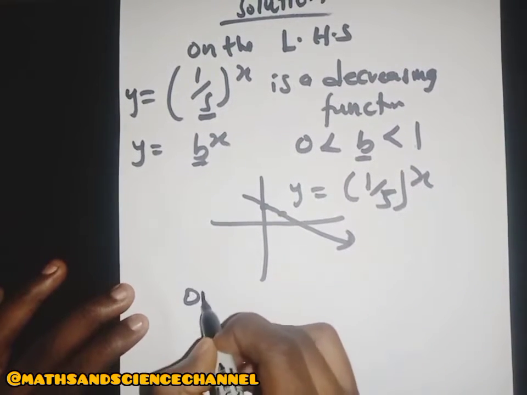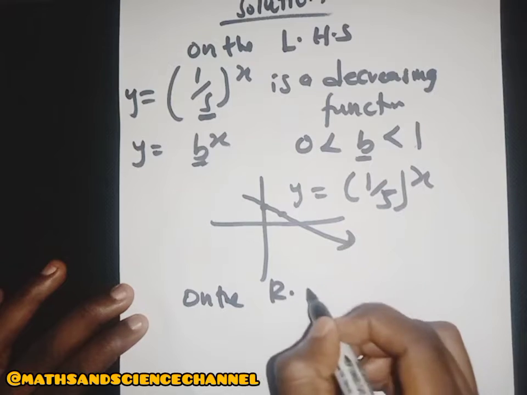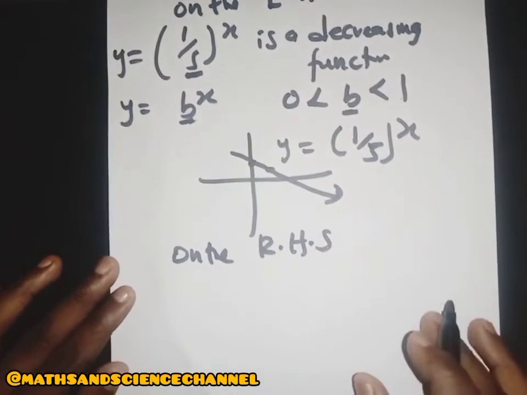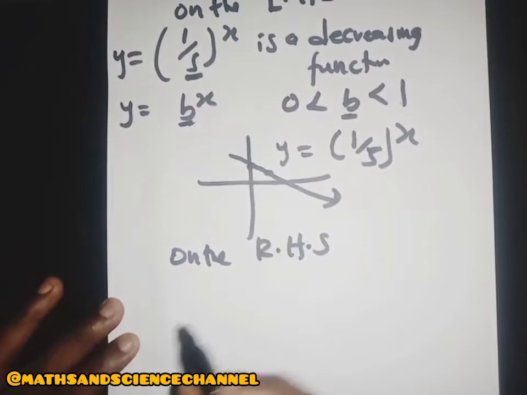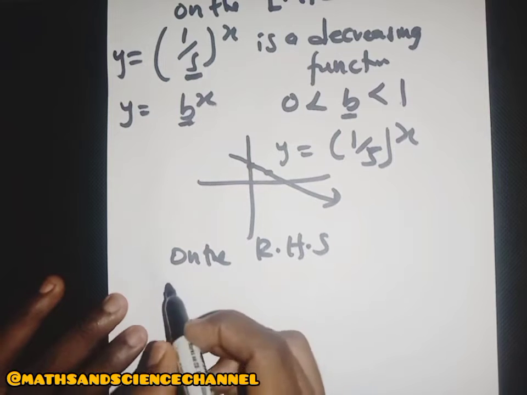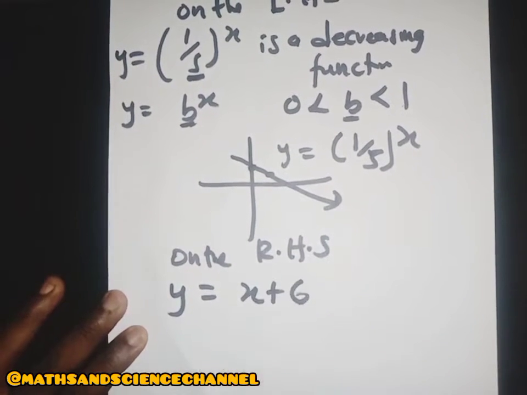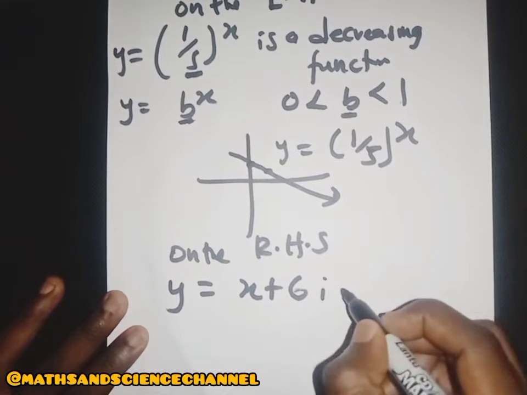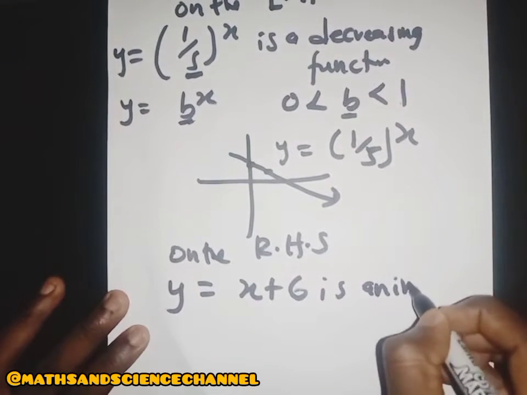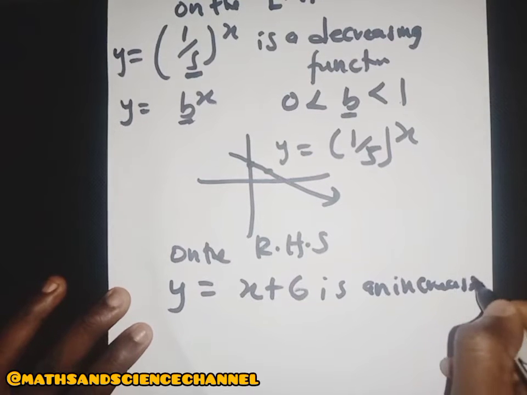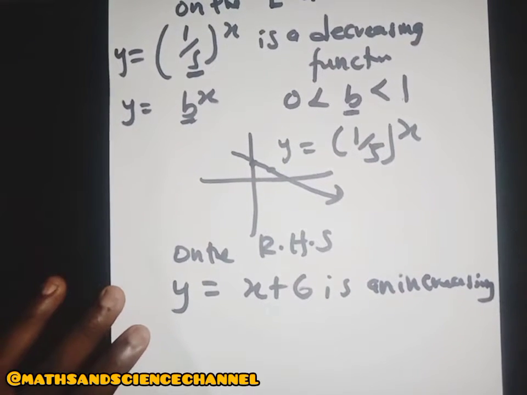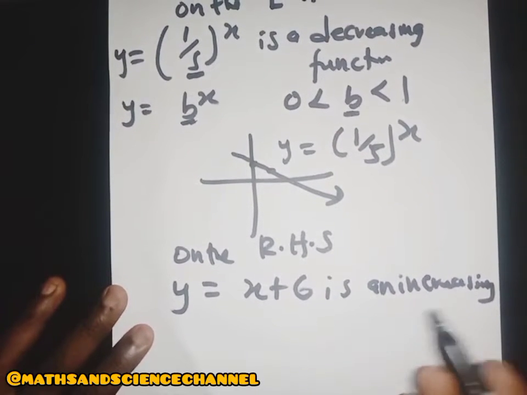Now let's consider the right hand side. So what about the right hand side? If we have y being equal to, let's say, x + 6, this is an increasing function, and we'll see why. Because it has a positive slope, right?